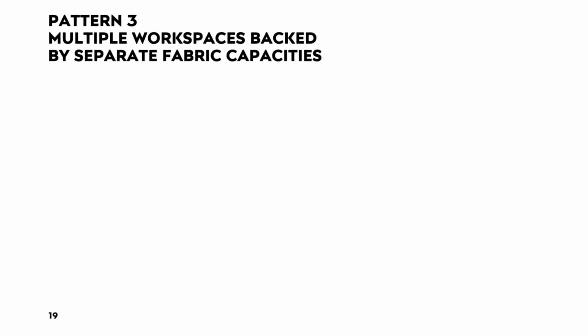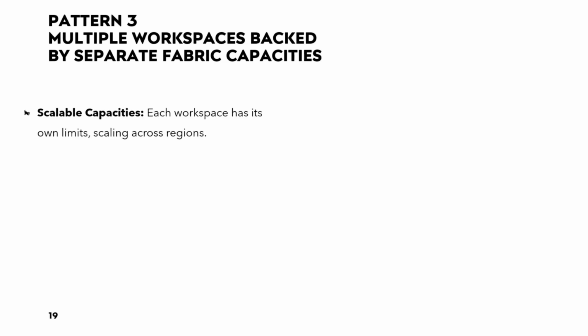Pattern 3, multiple workspaces backed by separate Microsoft Fabric capacities. So each workspace at this point has its own capacity, and it scales across regions. It has tons of flexibility for the ability to add more computational units if you like.